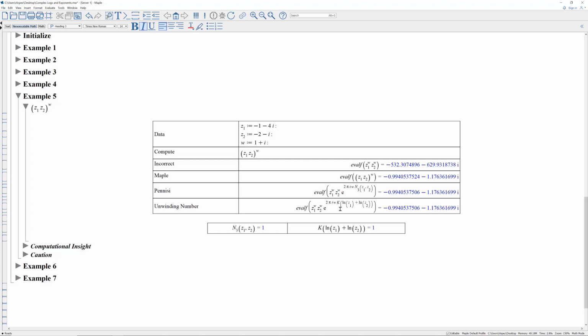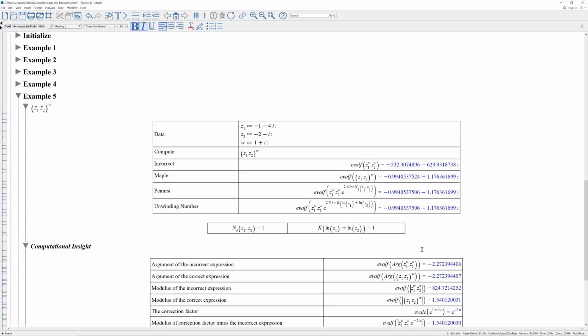If you use the unwinding number approach, it's e to the 2 pi I W times the unwinding number. Now, in each instance here, we see that either N3 or the unwinding number is 1. All you have to remember with the unwinding number is what the argument is, and don't forget that there's a W here. Now remember, the correction factor is multiplicative, it's not additive.